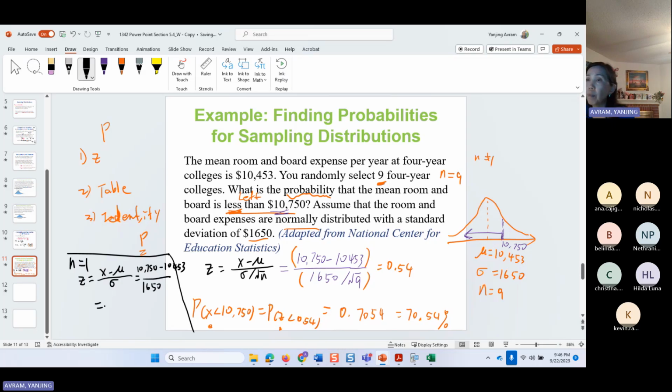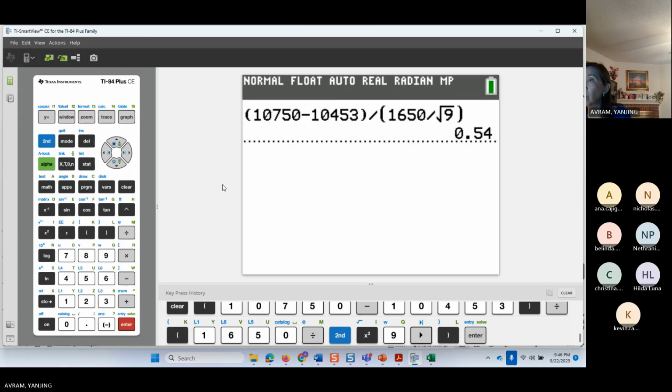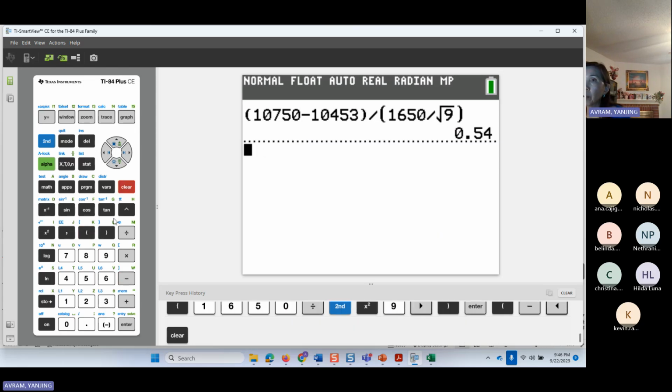I still need a parenthesis on the numerator.